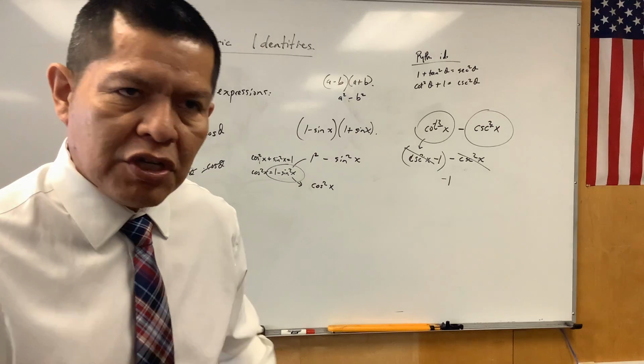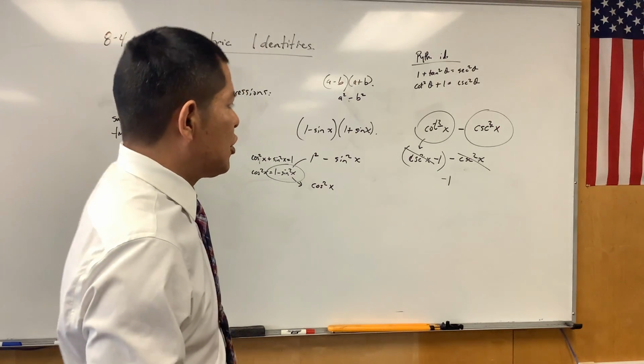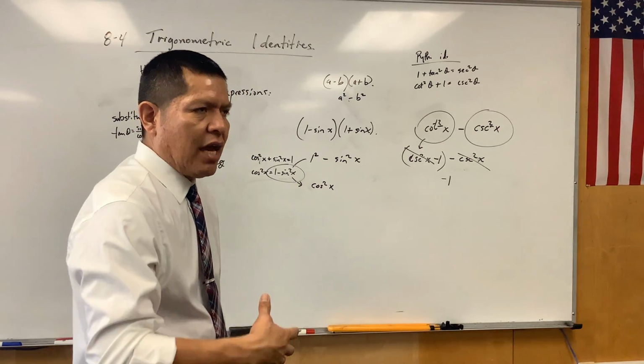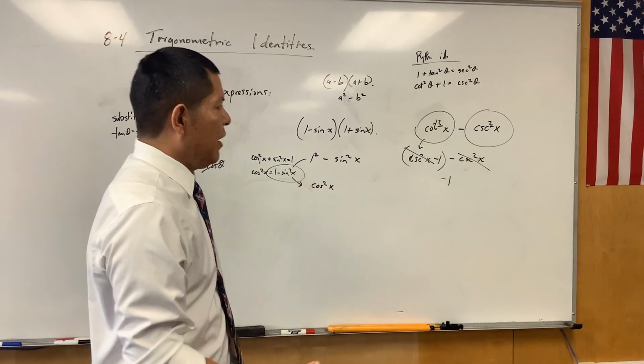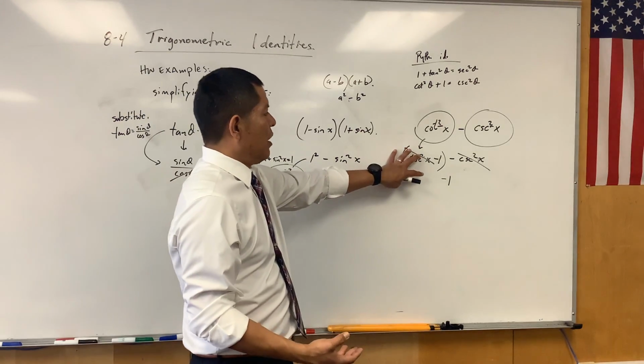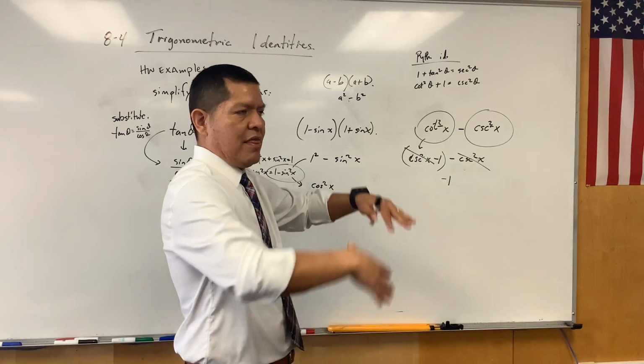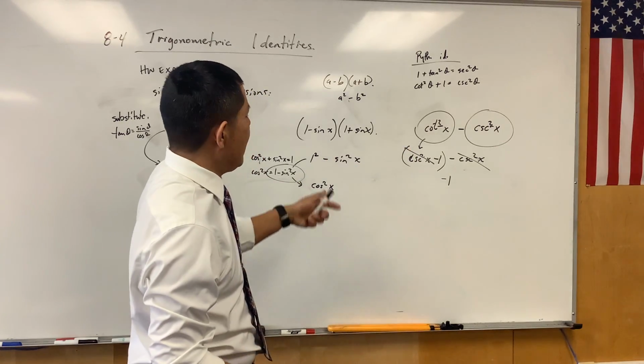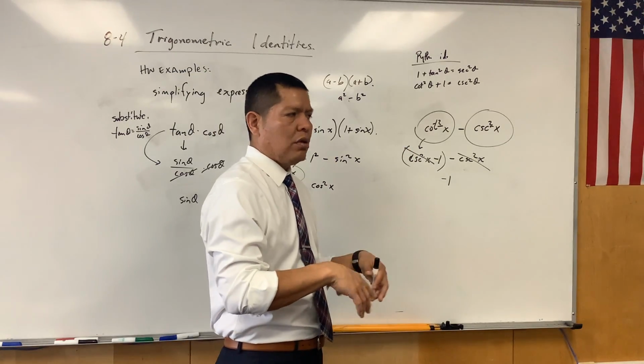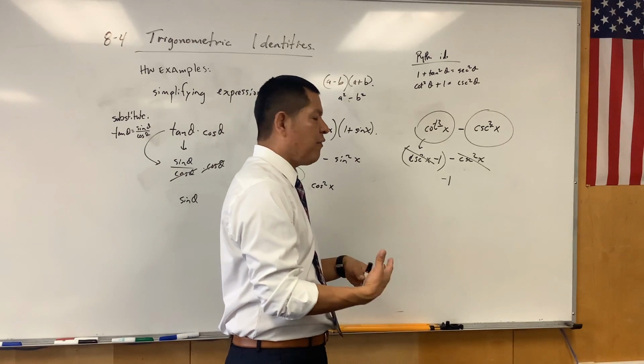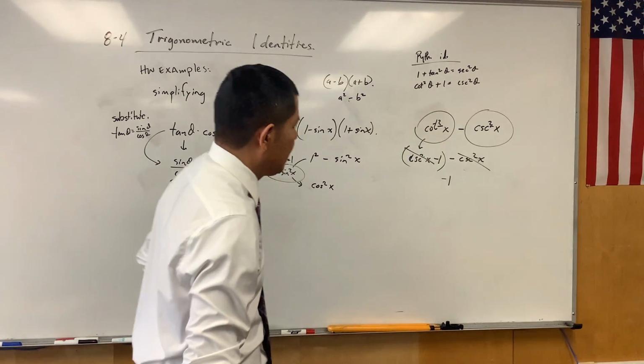So what we're doing is we're using our trig identities, substituting them into our expressions, and then breaking these down into a simplified version of the same thing.